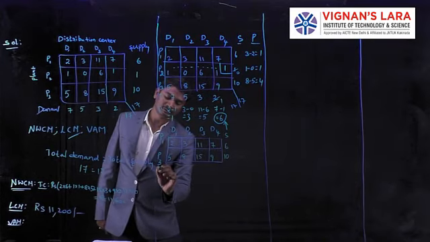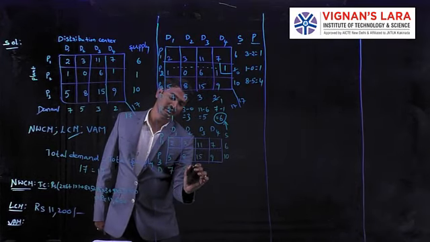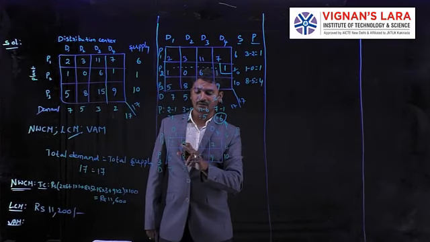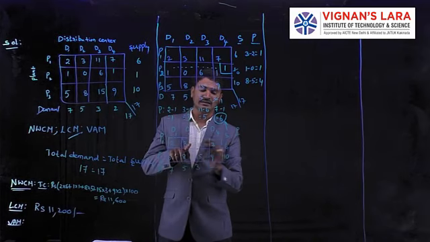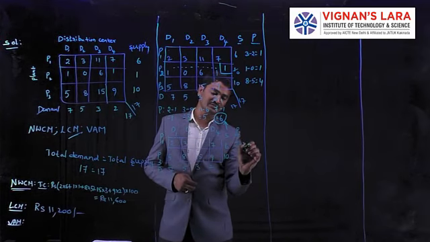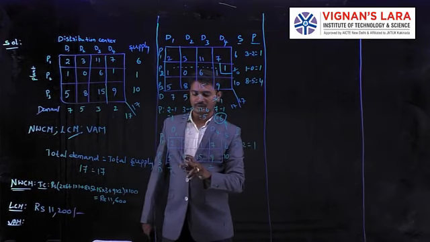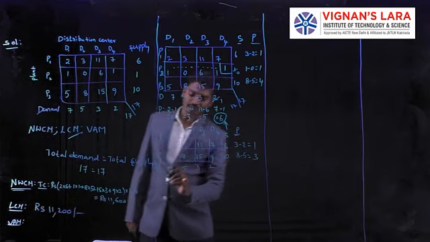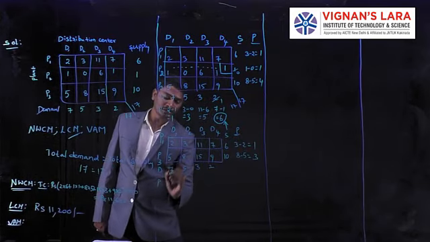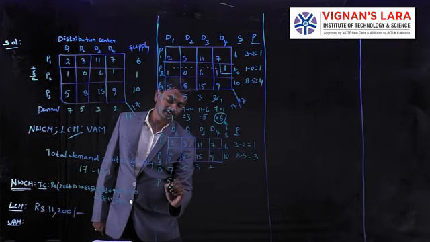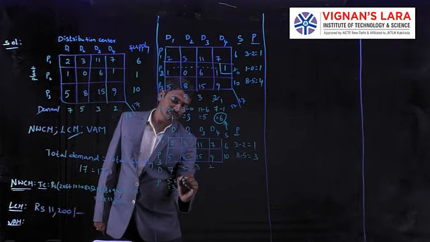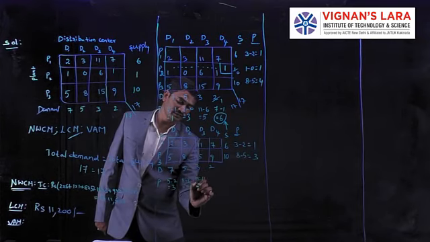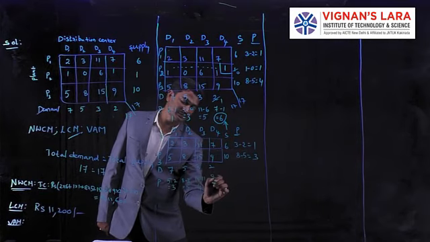The demand is 7, 5, 3, 2. Again we calculate the penalties. The least cost is 2, then the next least is 3, so the penalty is 3 minus 2, which is 1. Here 5 and 8: 8 minus 5 is 3. Next, for the columns: 5 minus 2 is 3, 8 minus 3 is 5, 15 minus 11 is 4, and 9 minus 7 is 2.